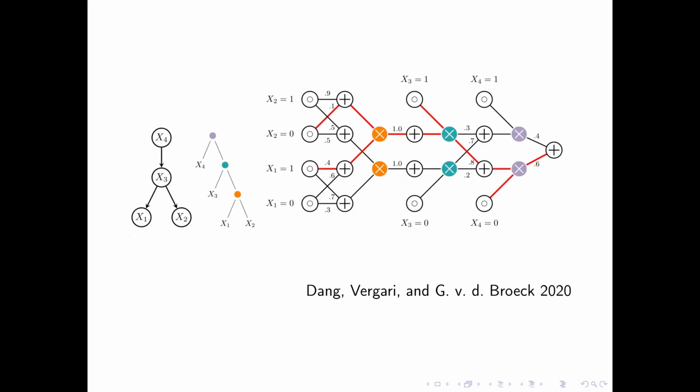And so, for instance, we have here on the left-hand side a CLT, and by taking this CLT, they managed to get a V tree in the middle here, and then from that V tree and from the CLT, they managed to construct a PSDD by recursing over the nodes and adding AND and OR gates.